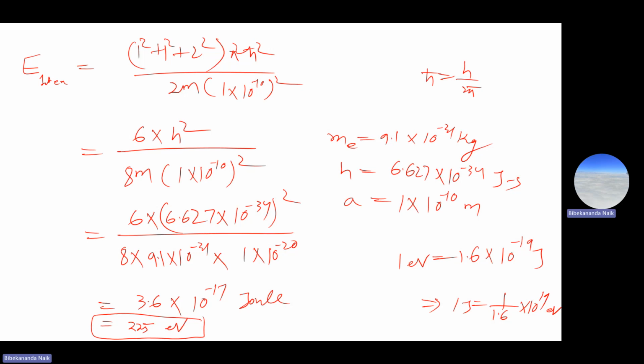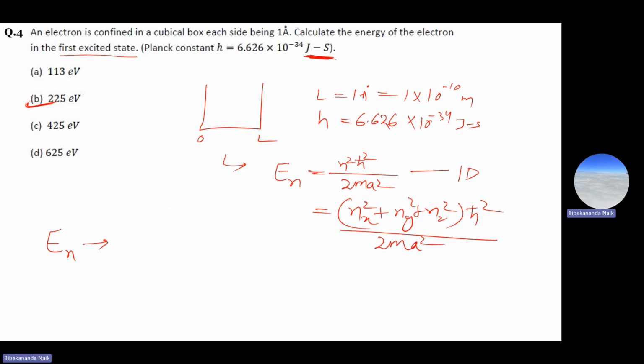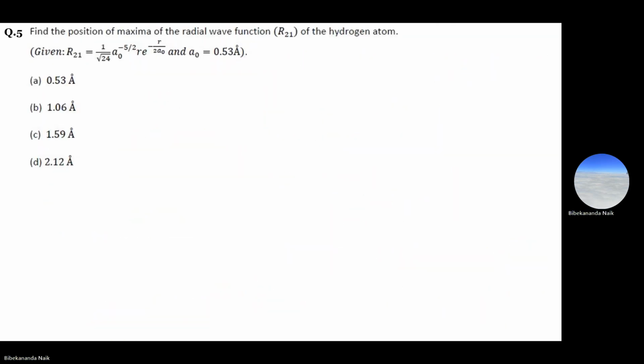The electron inside the atom is not experiencing the potential explained in this question, that is, the potential in a box. The electron is subjected to a different type of potential, and that's why the energies are different. So the form of the potential determines the energy of the particle present in that potential. So this was the fourth question.